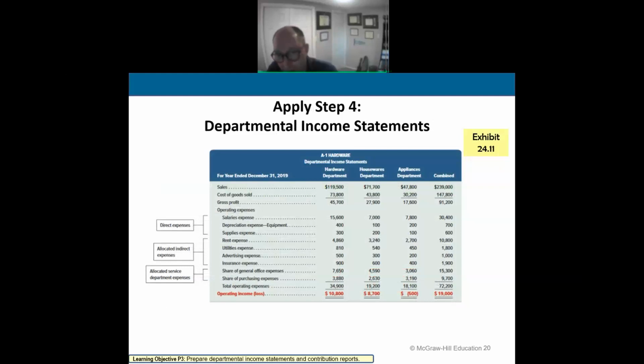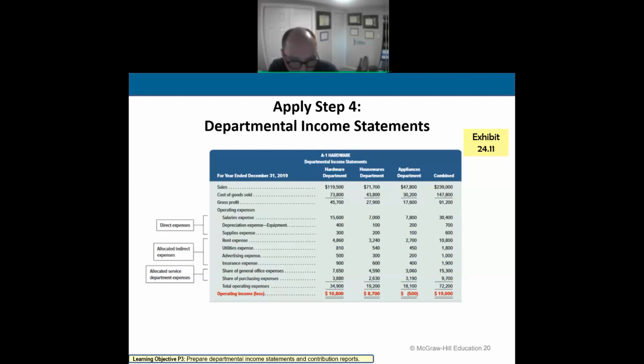Then I could generate my total income statements for each department. My sales minus cost of goods sold equals gross profit minus my direct expenses and minus my indirect expenses that have been allocated, minus my allocated service department expenses equals total operating expenses.